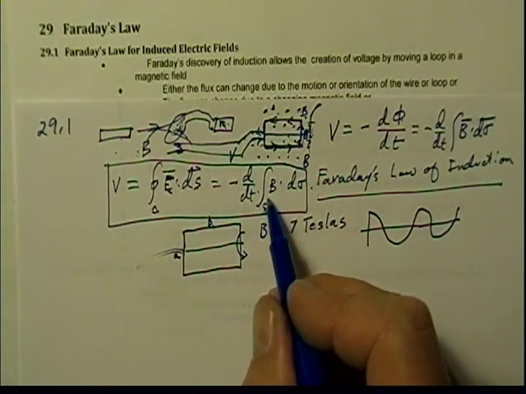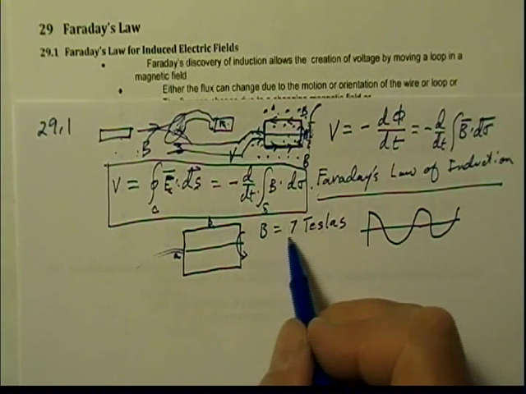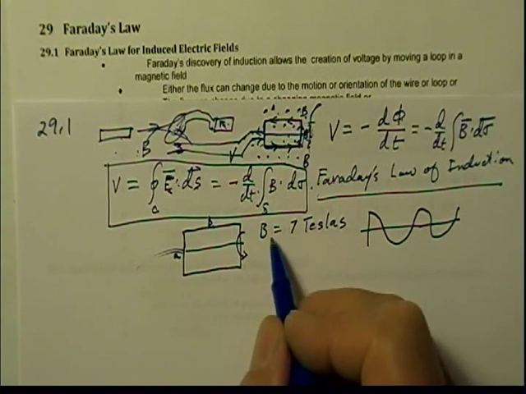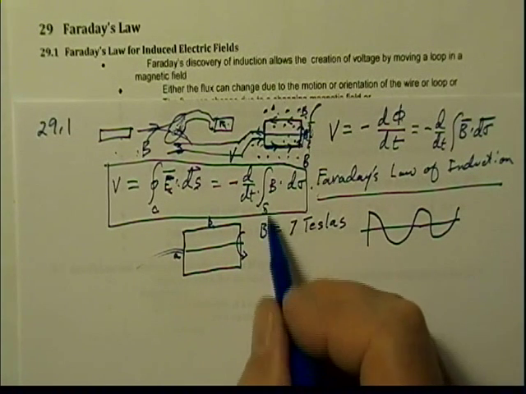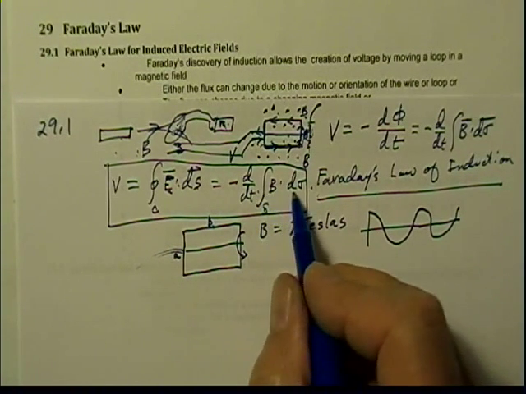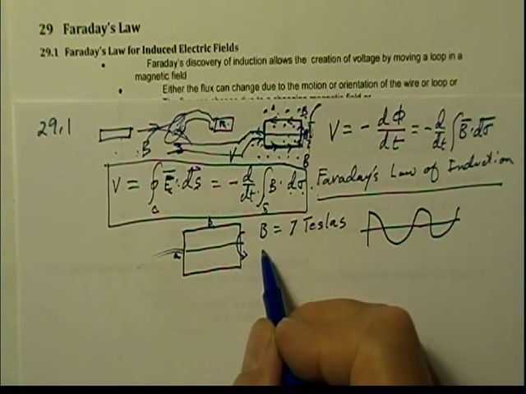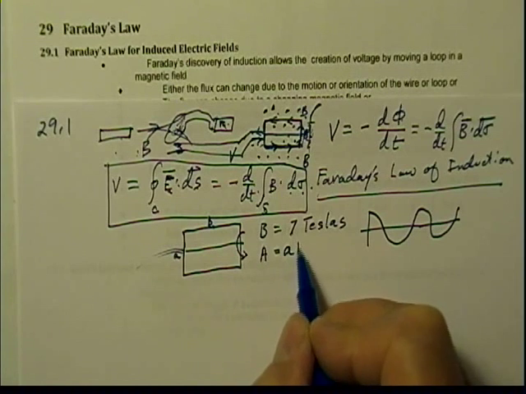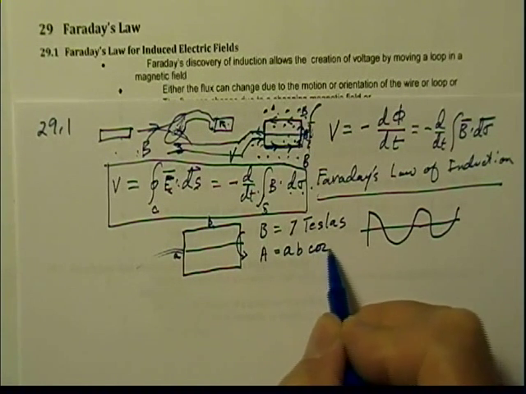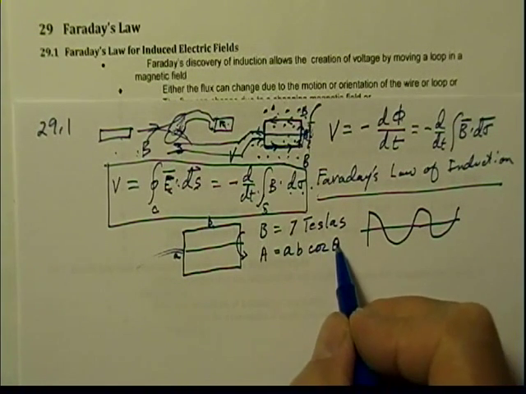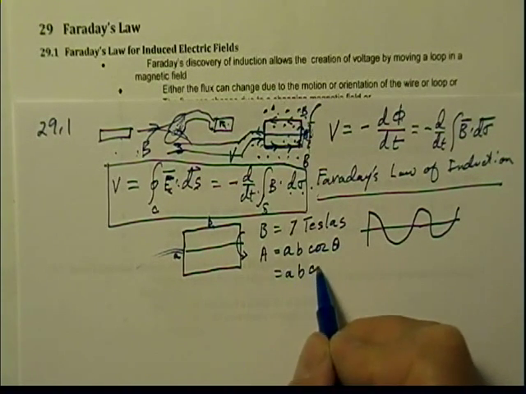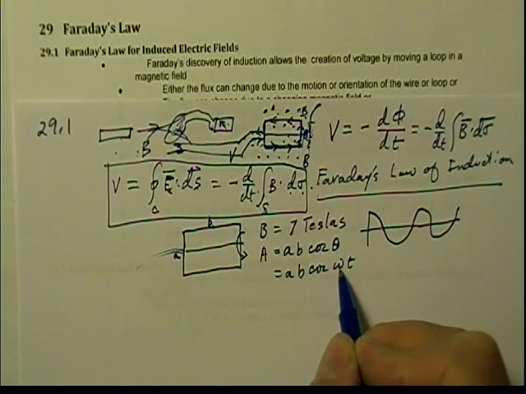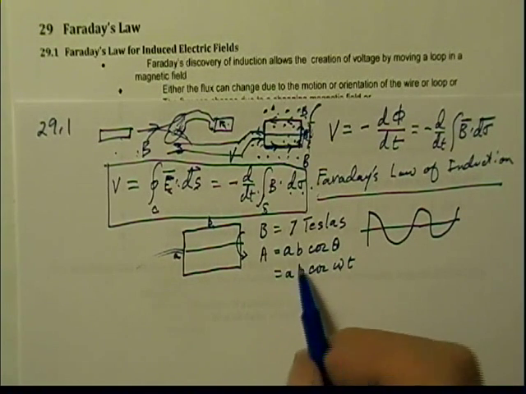And what we will have here is, depending upon how fast we rotate this, we can say, well, B is going to be 7. The area, the integral over d sigma, is going to be the area, which would be A times B times the cosine of the angle. And the angle is going to depend upon what? It's going to be A times B times the cosine of omega t, where omega is the angular velocity.